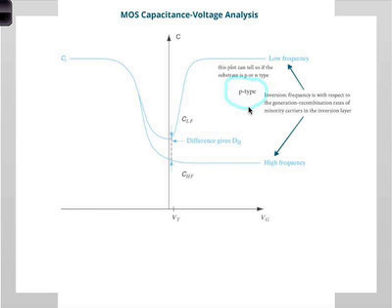Second, if you look at the high frequency and the low frequency, first of all, the definition of high and low frequency has to do with how fast the signal is relative to the recombination generation rate of minority carriers. That's basically what that means. And the reason is that the depletion region creation has to do with pushing away the majority carriers, but the inversion channel is created by minority carriers in the bulk.